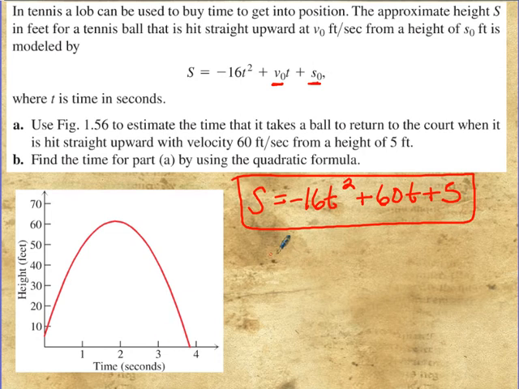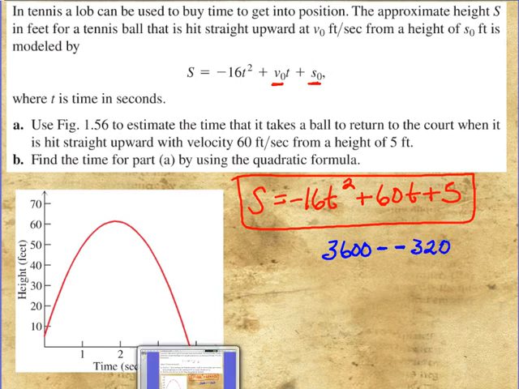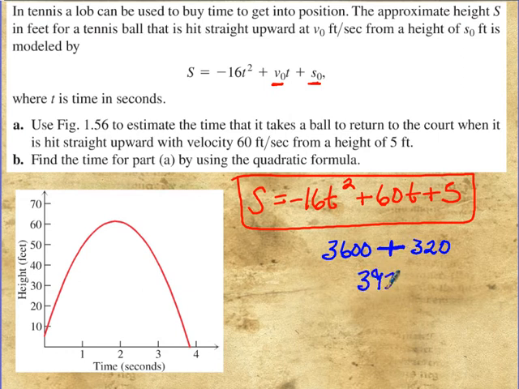So quadratic formula. Always start with b squared minus 4ac. So b squared minus 4 times a times c, which is, I believe, negative 320. Minus minus makes it a plus, which gives you 3,920.